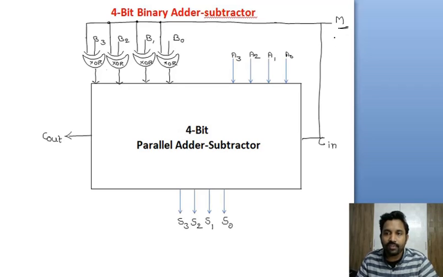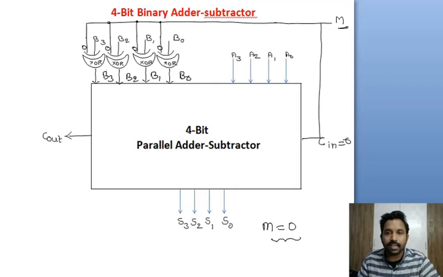If M equals 0, one input of all these XOR gates is 0. If the control signal is 0 in an XOR gate, the output is B0 itself, here B1 itself, here B2 itself, here B3 itself. Cn is also 0 when the control input is 0.